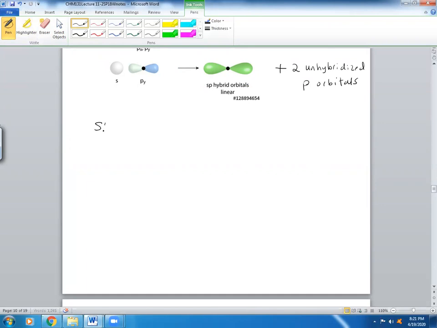A steric number is the sum of electron domains. And you have to remember what an electron domain is.